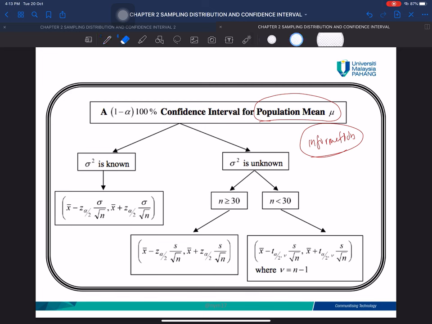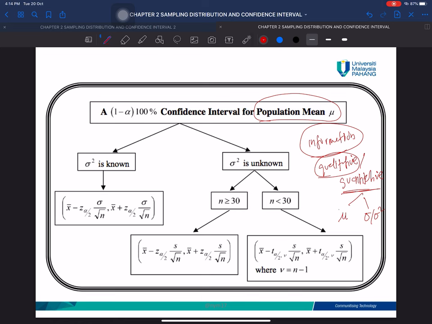Also, as I mentioned in video 2.1, it depends on the variable itself, whether it is qualitative or quantitative. If it is qualitative, like frequency of something, then most of the time it will be a proportion. If it is quantitative, then it will be either mu or sigma square.